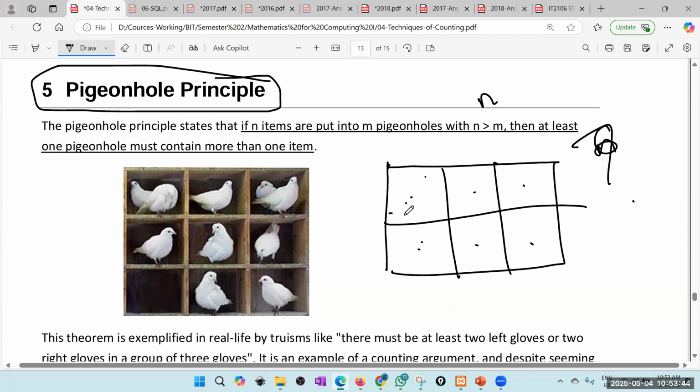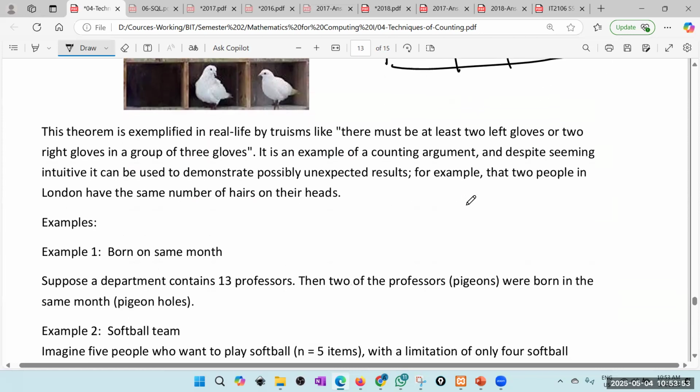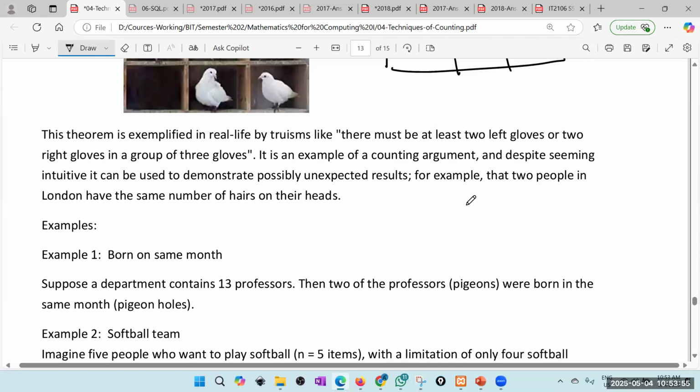Okay. Is it clear? If it's not clear, we will have to go through it again. So that is called the pigeonhole principle. But it can be used in an interesting manner.